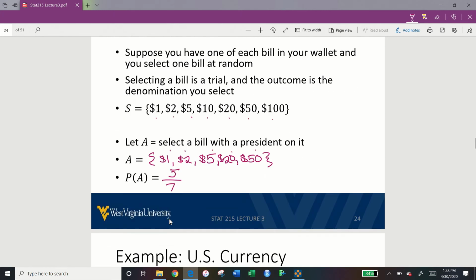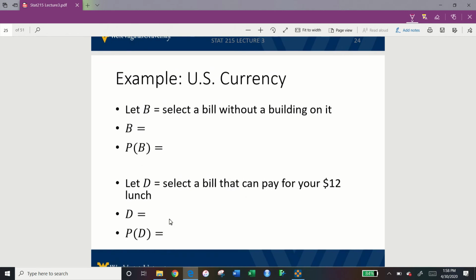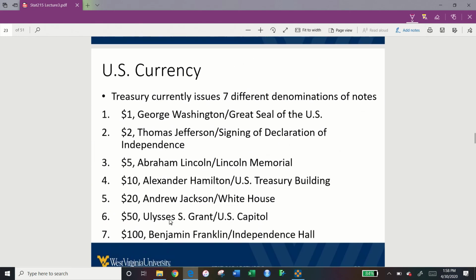Let's go back and look at our example. So we want the probability of B, an event without a building on it. Independence Hall is a building, Capitol Hill is a building, the White House is a building, the Treasury Building is a building, and the Lincoln Memorial is a building.